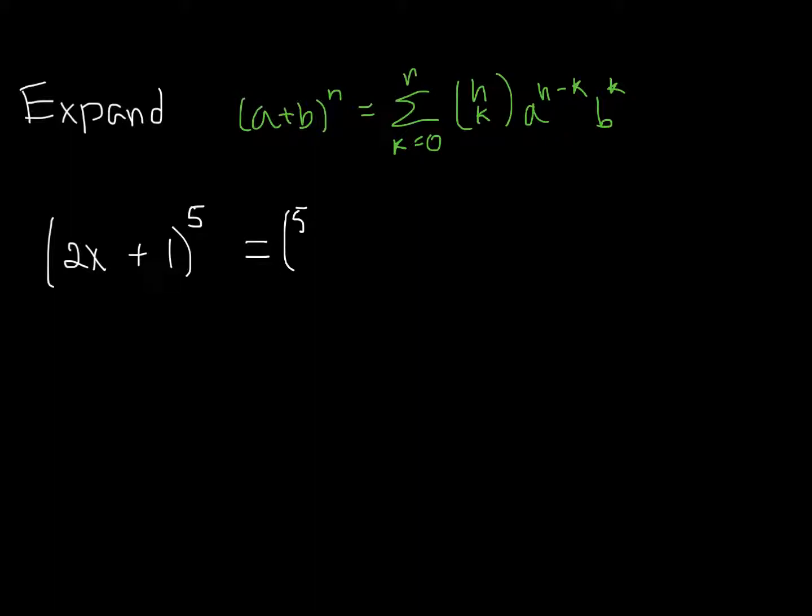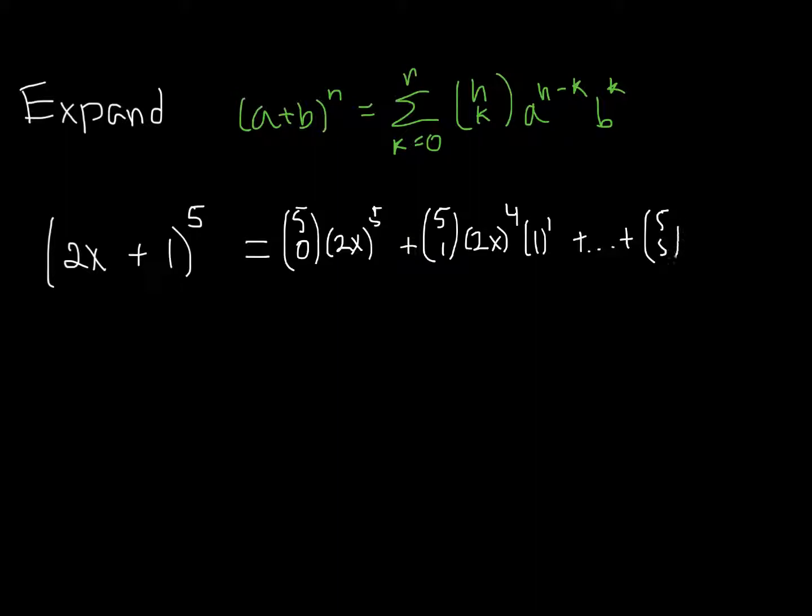I have 5 choose 0, (2x) to the 5th, and 1 to the 0, and then the next term, 5 choose 1, (2x) to the 4th, and 1 to the 1st, and all the way through until I get to the last term, which is going to be 5 choose 5, (2x) to the 0, 1 to the 5th.